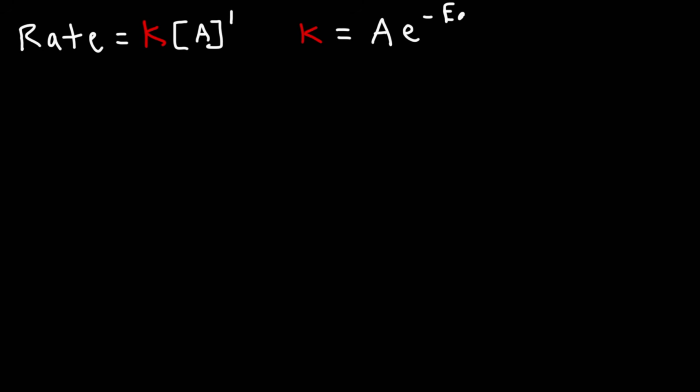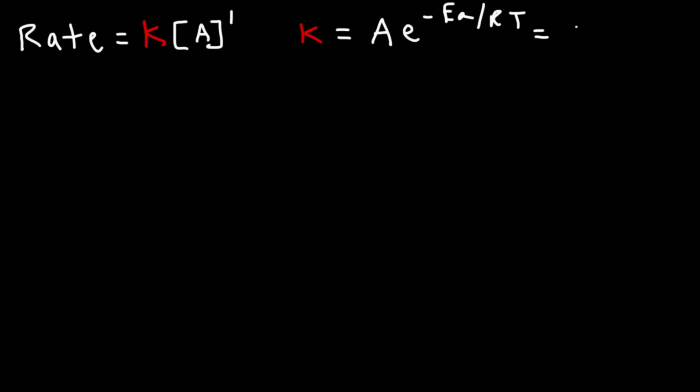Now let's consider a first order reaction where the rate is equal to the rate constant k times the concentration of A. And we know that the rate constant k is equal to the frequency factor times e raised to the negative Ea over RT.